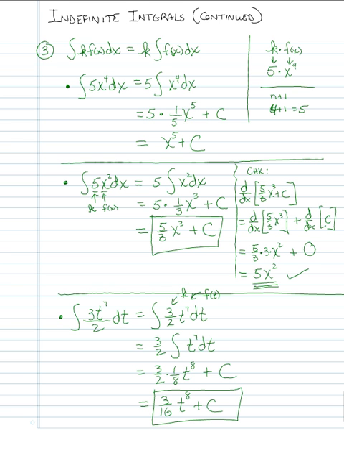Now, what I really want to do is look at the fourth rule that I mentioned in the beginning. After we complete some examples here, it's going to open up a wide range of things we can find the integrals of, or the antiderivatives of.